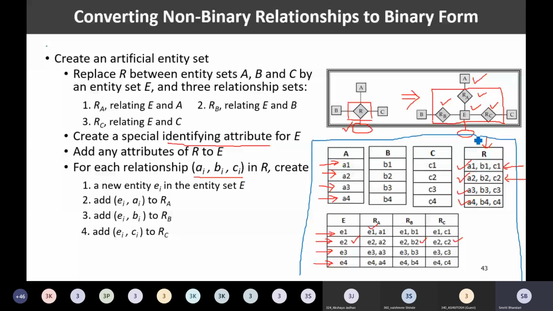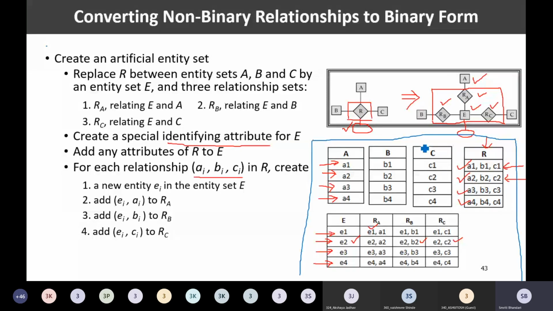For every relationship that is stored in this capital R of the form Ai, Bi, Ci, we need to split that relationship such that we are having the new entity Ei associated with this Ai, Bi, Ci.